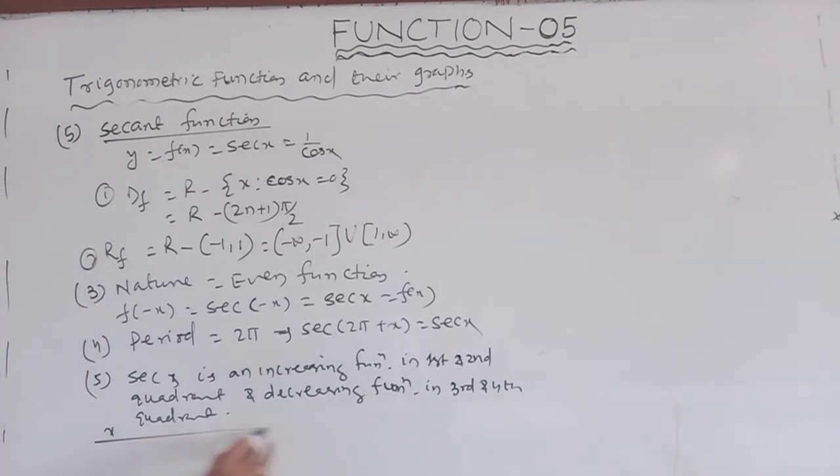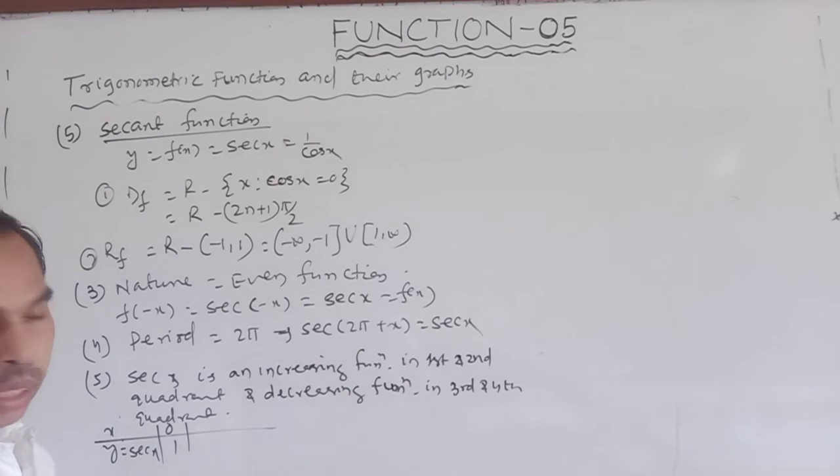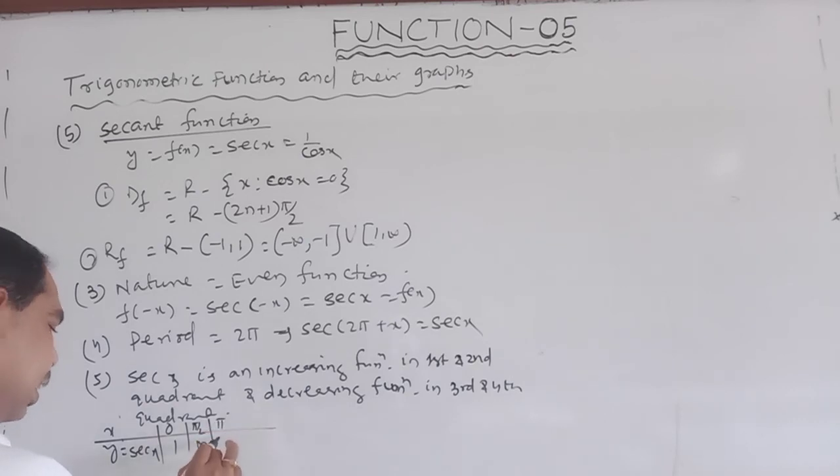Okay, next, x and y. So what is y? y is equal to sec x. Okay, sec 0 is 1, sec pi by 2 is infinity, sec pi is also minus 1, okay.